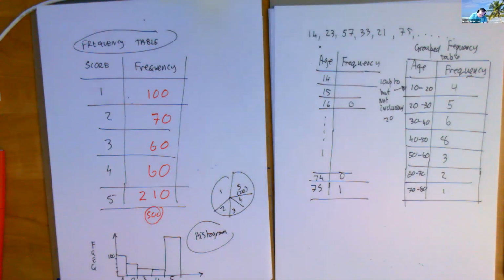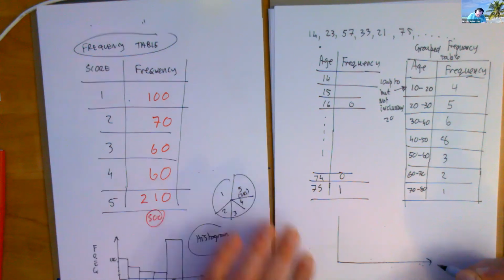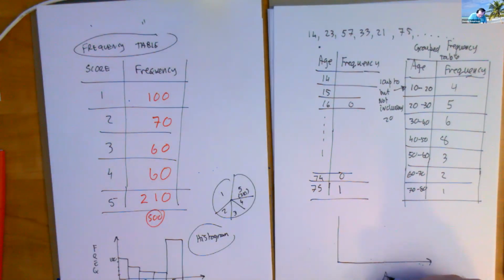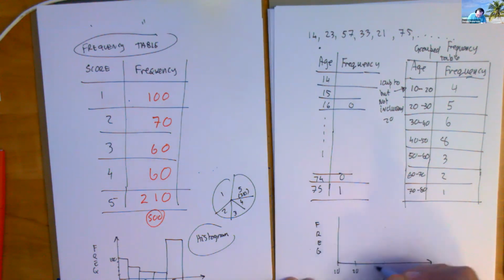Now, if you were saying, well, how can I draw a histogram of that? Well, it's not that difficult to do. You go 10, 20, 30, 40, 50, 60. Of course, I didn't plan ahead here. 70, 80.